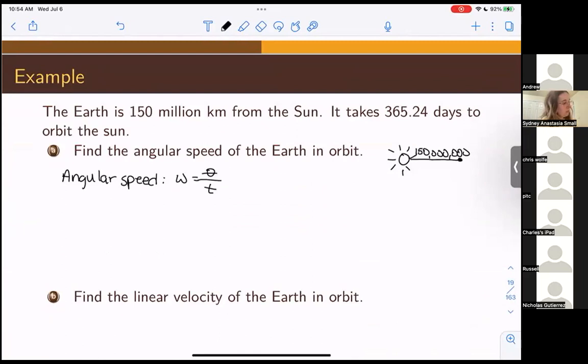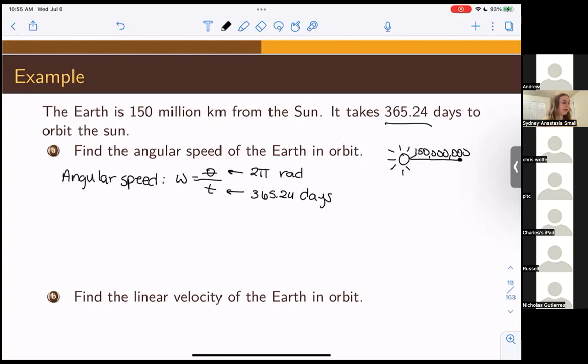We're talking about 1 complete revolution of the Earth. So our theta is just 2 pi. We're talking about how many radians the Earth can rotate in a day. So we know that this is going 2 pi radians per 365.24 days, which makes sense, right? It takes the Earth that many days to complete 1 revolution around the sun.